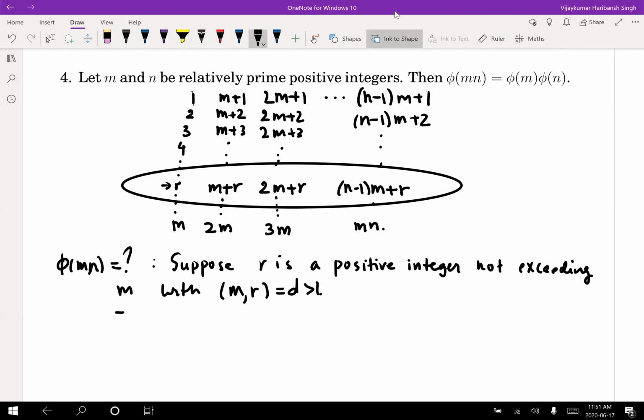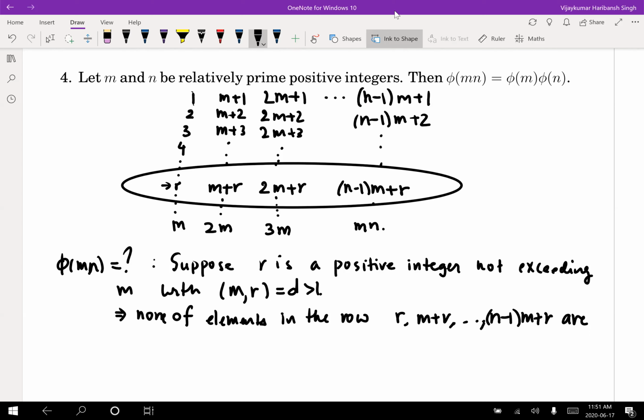This implies none of the elements in the row r, m plus r, ..., n minus 1 times m plus r are relatively prime to m.